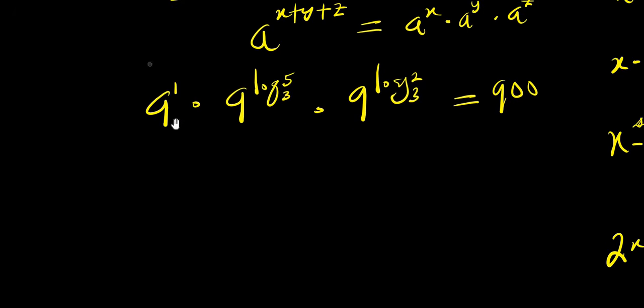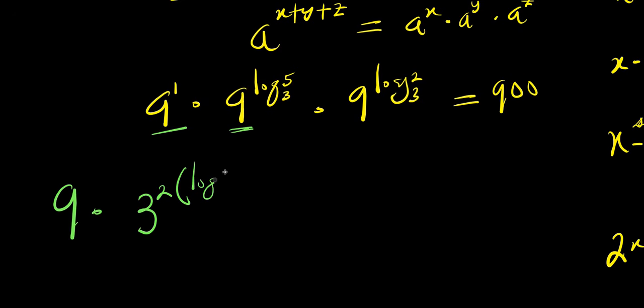So 9 power 1 is 9 times, this we can express as 3 power 2 times log 5 to the base of 3, because 3 power 2 is 9. Or let me put the bracket here.